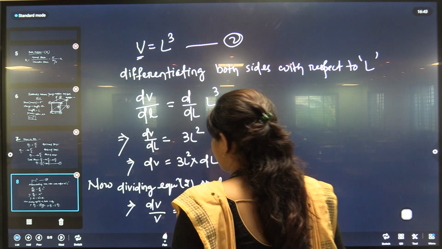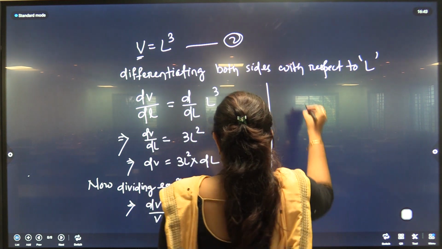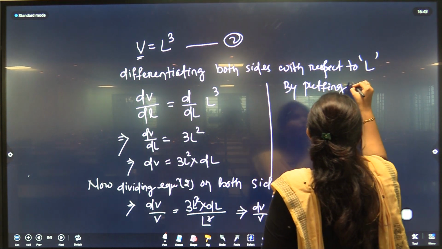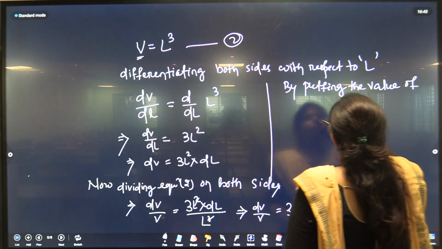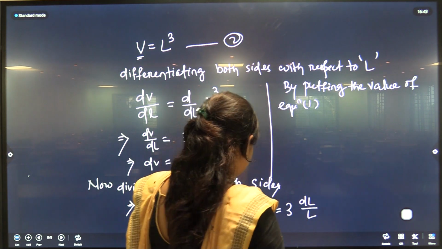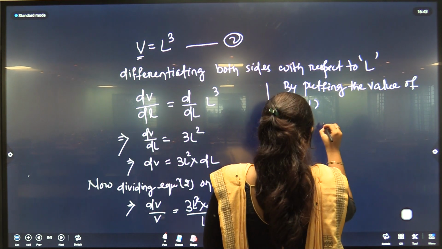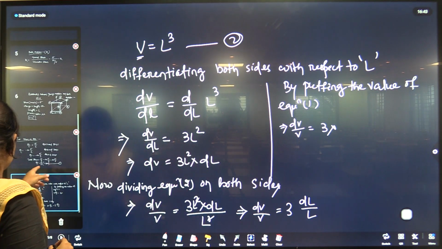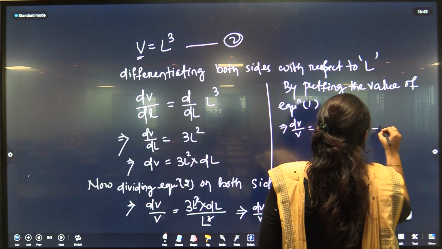Now, by putting the value of equation 1, we will get dV by V equals 3 into sigma by E into 1 minus 2 mu.